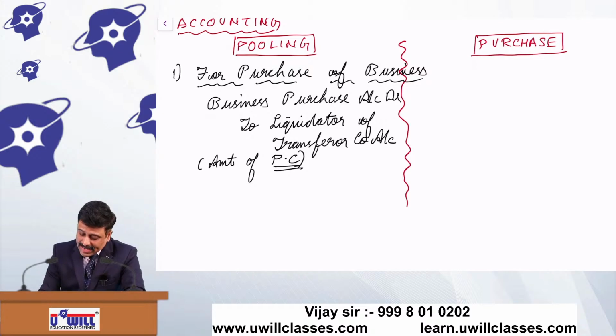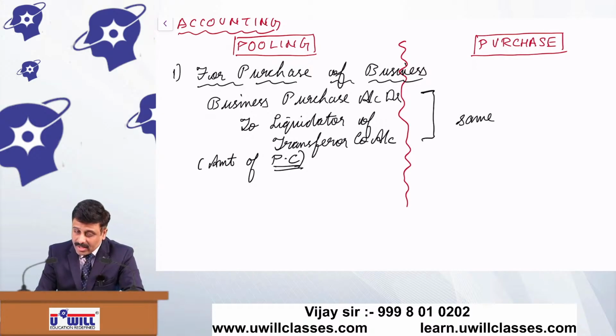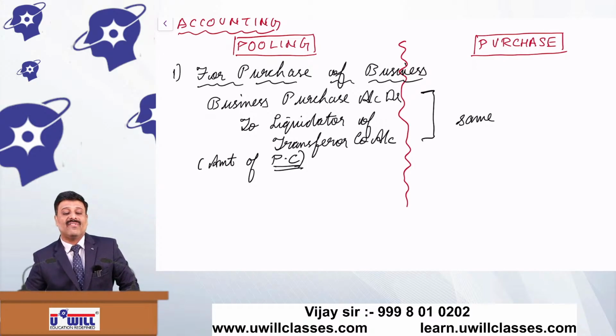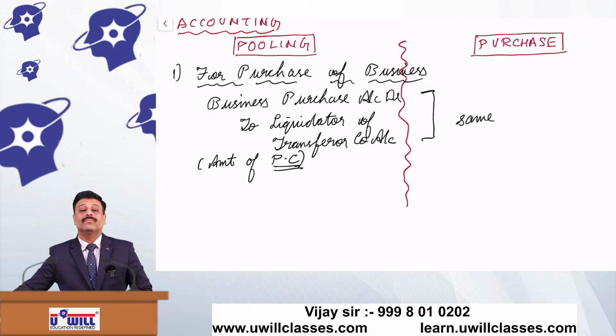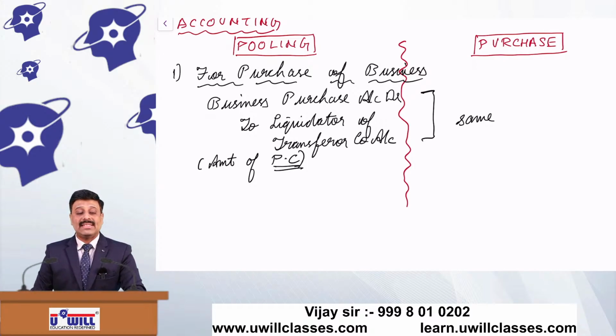Now, this entry will remain the same even if it is purchase method of accounting. So whether merger or purchase, first entry will remain same: business purchase account debit to liquidator of transferor company account.